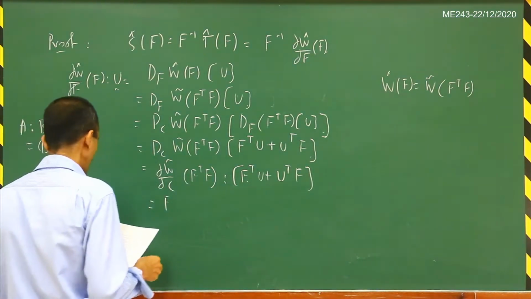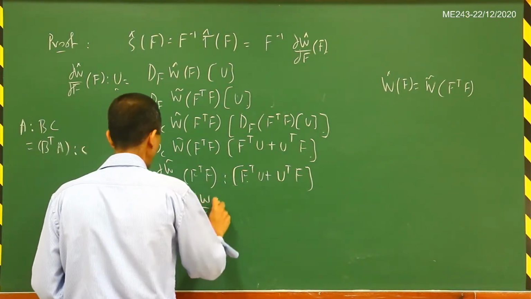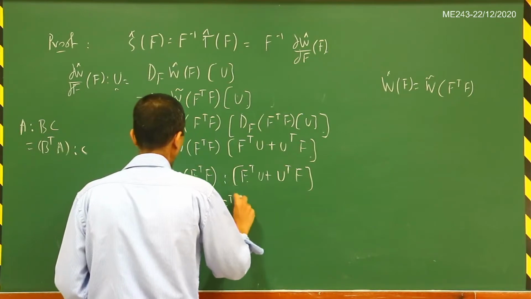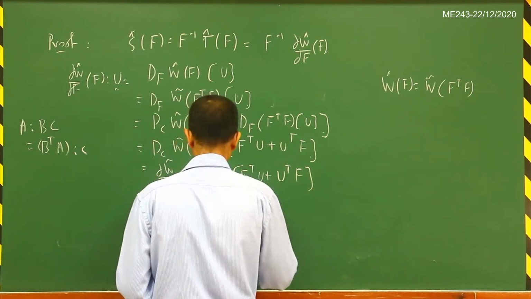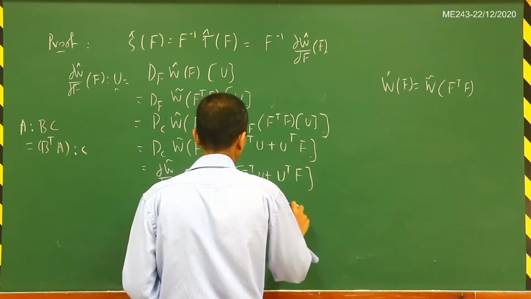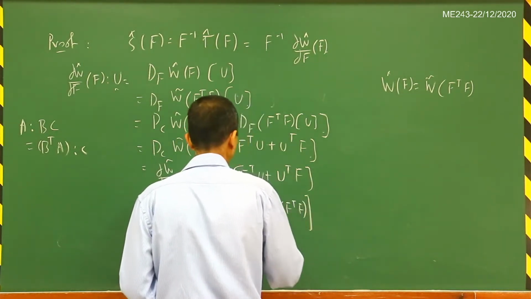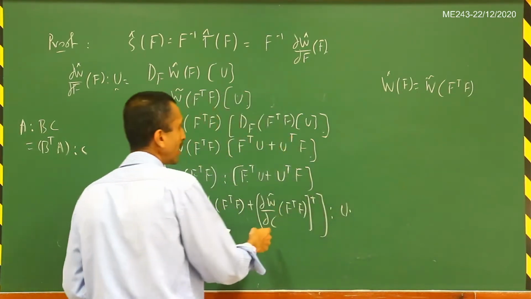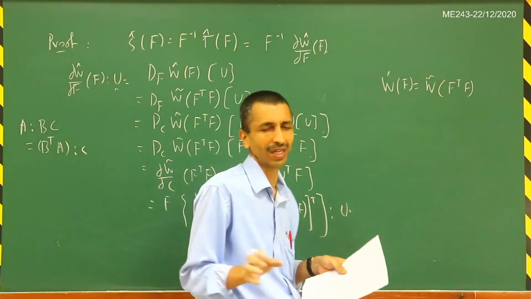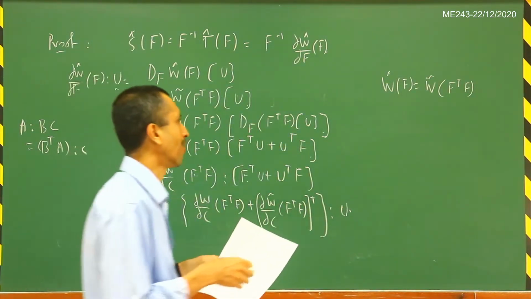So we'll get F times del W tilde by del C evaluated at F transpose F, plus the transpose of this, matrix inner product. So now this del W by del C, we have said that without loss in generality it is symmetric. So that is actually fairly obvious, right?